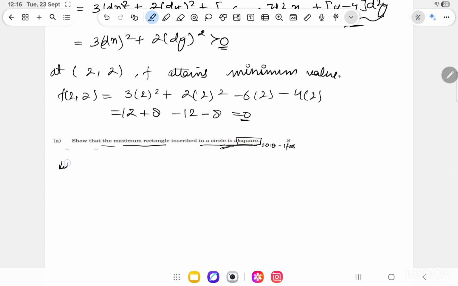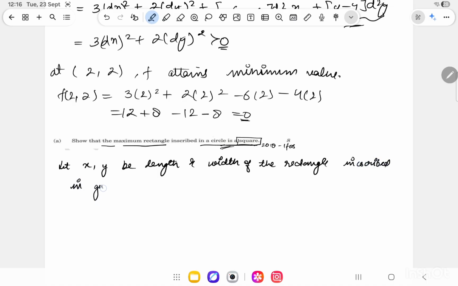So let us assume that x comma y be the length and width of the rectangle inscribed in the given circle.